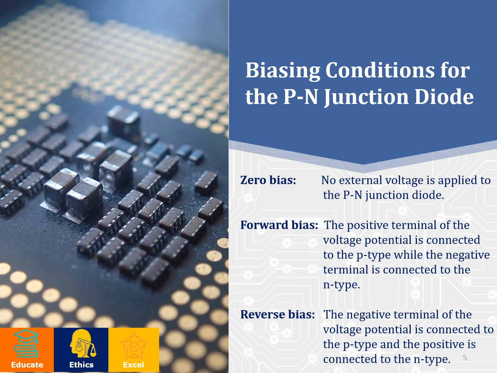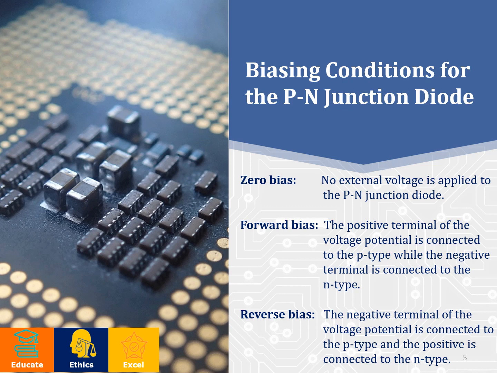Now we are going to see the biasing condition of the PN junction diode. Biasing is nothing but providing an external power supply to a device. So there are three cases observed here. The first condition is called zero bias condition, which means I will not apply any kind of external voltage to the PN junction diode. The second is forward bias.